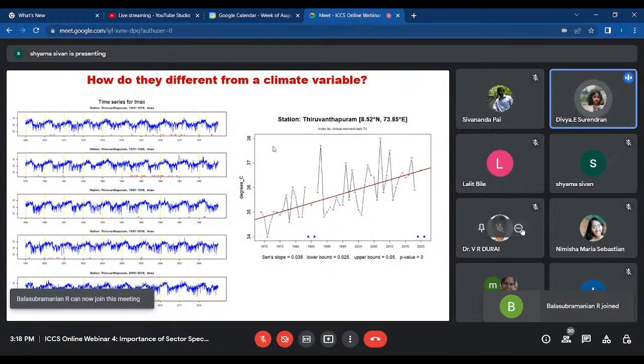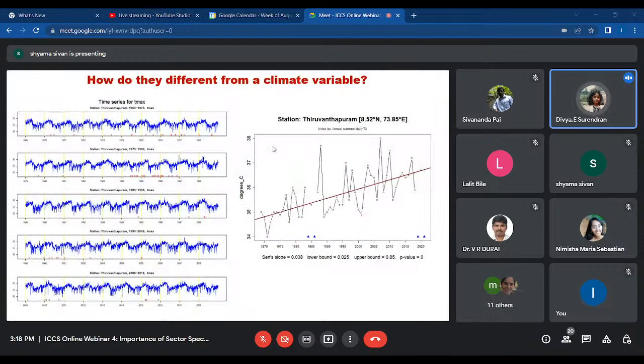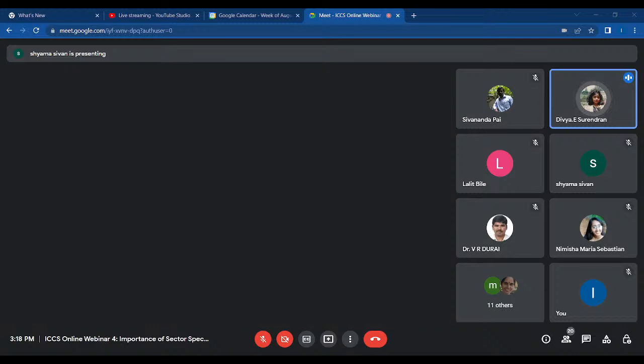On the right, it represents how hot your hot season was. From 1969 to 2020, how the warmest daily maximum temperature of each particular year was varying throughout the years.